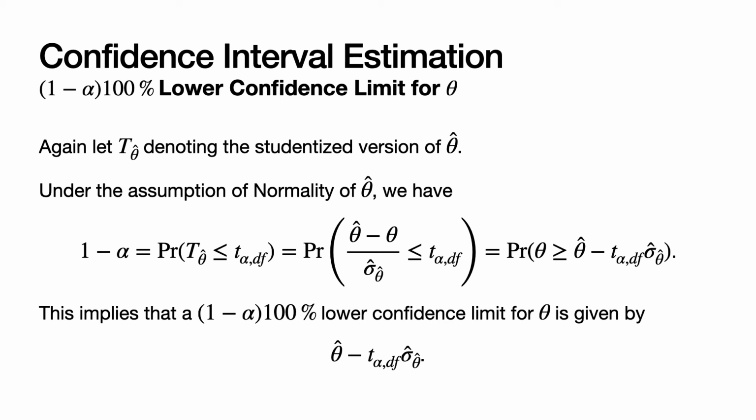We then replace the notation for the standardized version of theta hat by what it's equal to inside parentheses, so theta hat minus theta all over sigma hat sub theta hat.